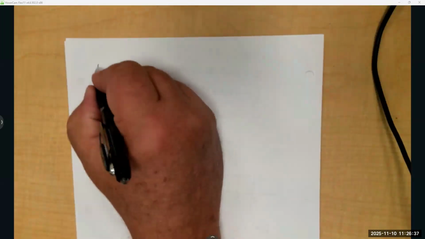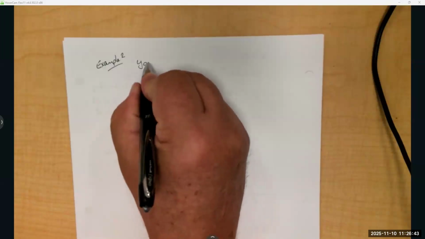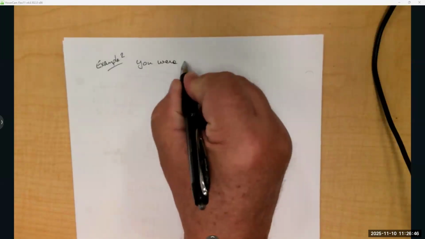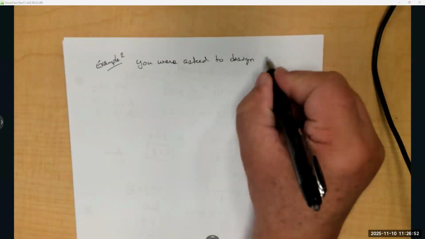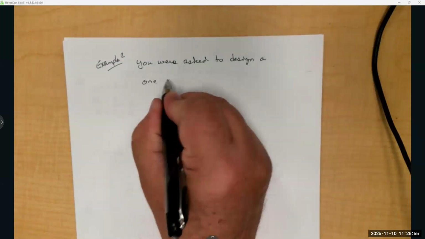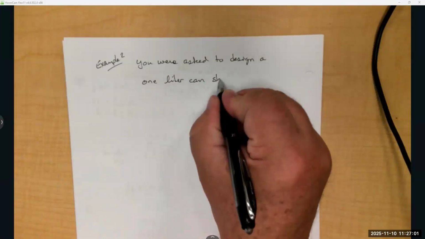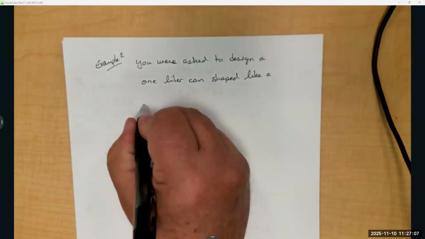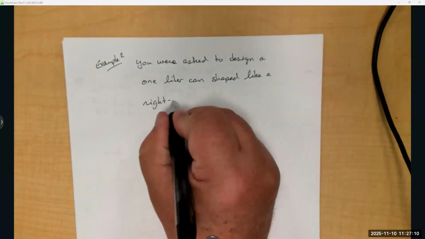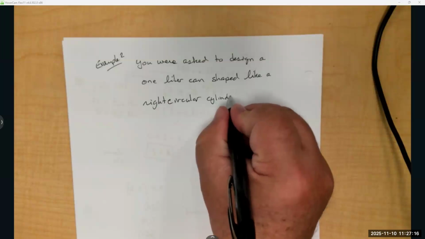What if you worked for a soft drink industry? You were asked to design a 1 liter can shaped like a right circular cylinder.